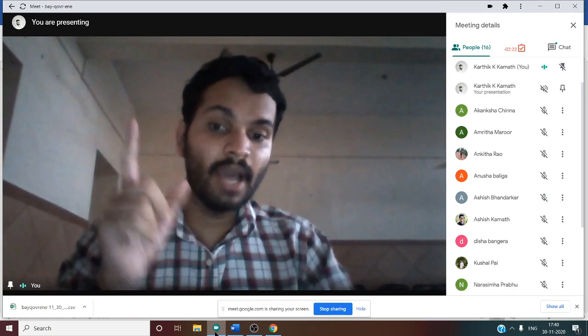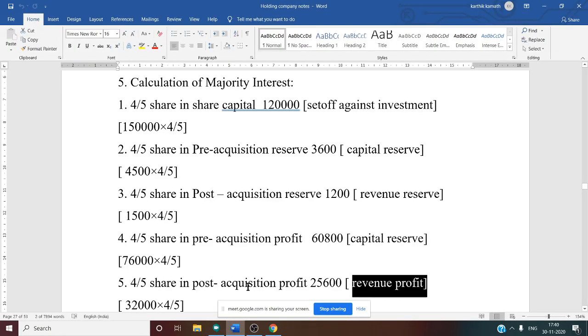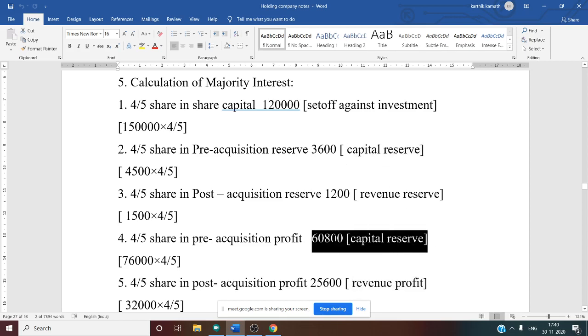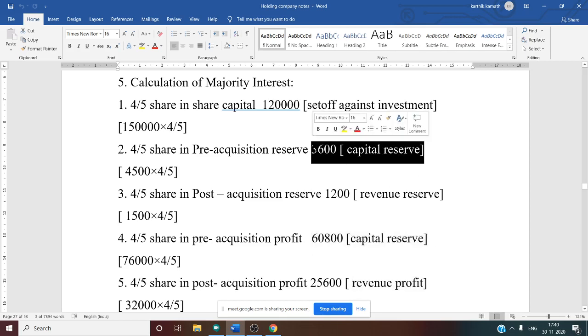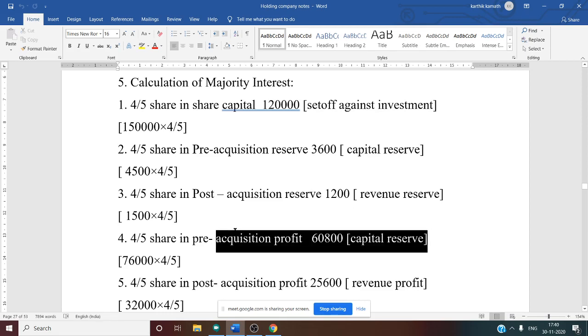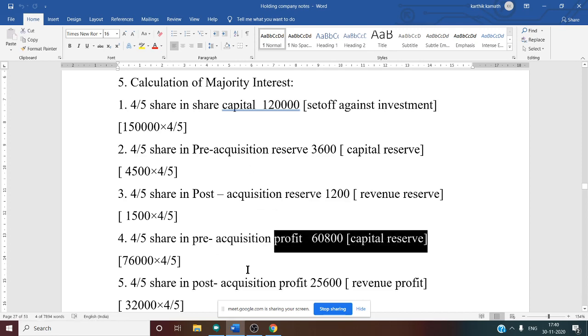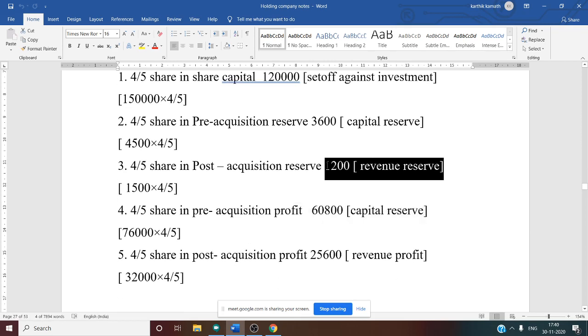That is why now we have to see this working note once again. There is capital reserve information, two pieces of it: one is pre-acquisition reserve and one is pre-acquisition profit. So now total capital reserve we can easily find out, that is pre-acquisition reserve plus pre-acquisition profit. And what about revenue reserve?